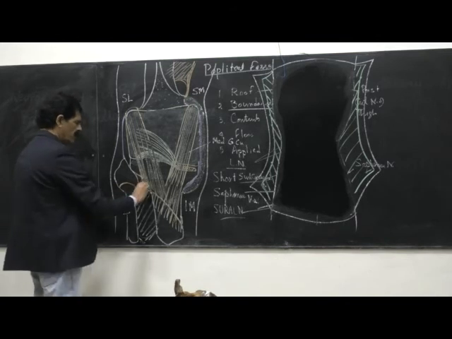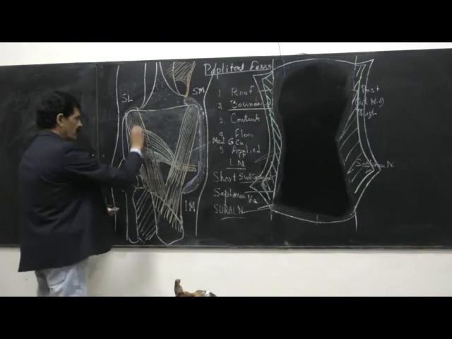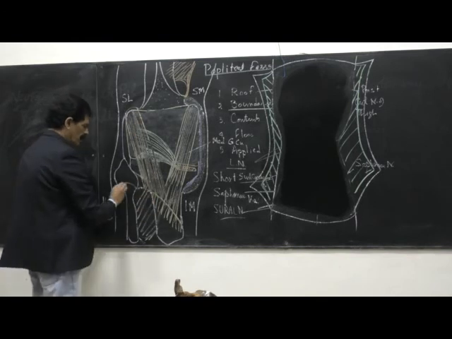So the lateral gastrocnemius and medial gastrocnemius are fused with the soleus muscle.